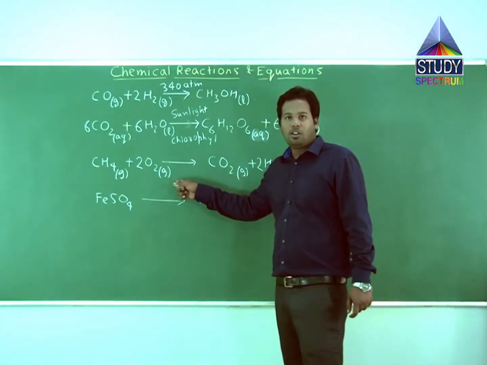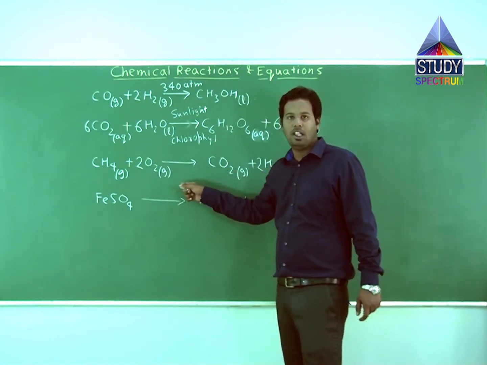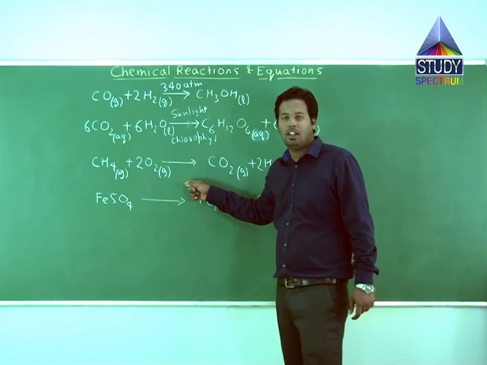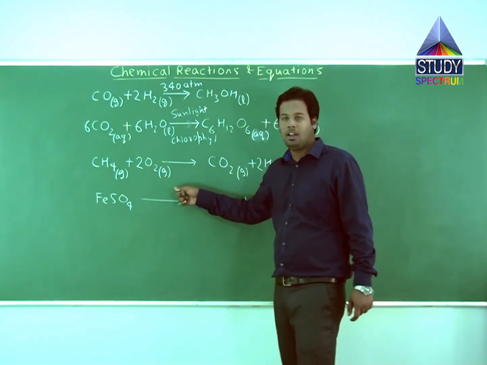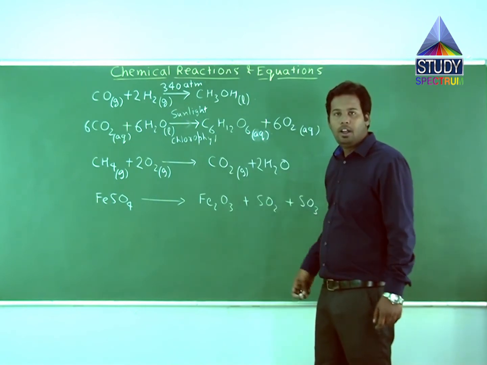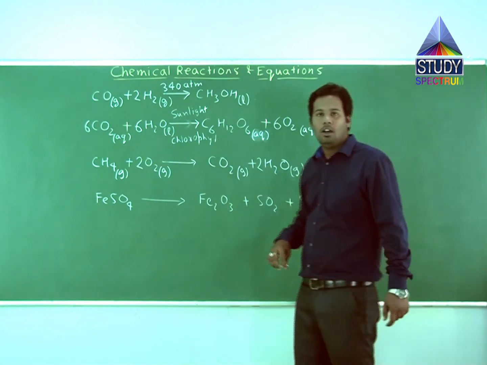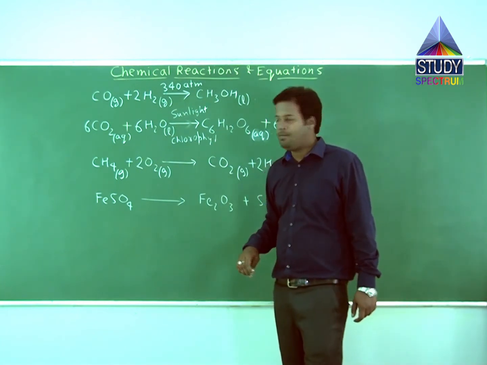Now since this process is basically burning of methane gas, on the right hand side the water formed will be in the form of gas. Why? Because of high temperature, this water formed will be in gaseous state.